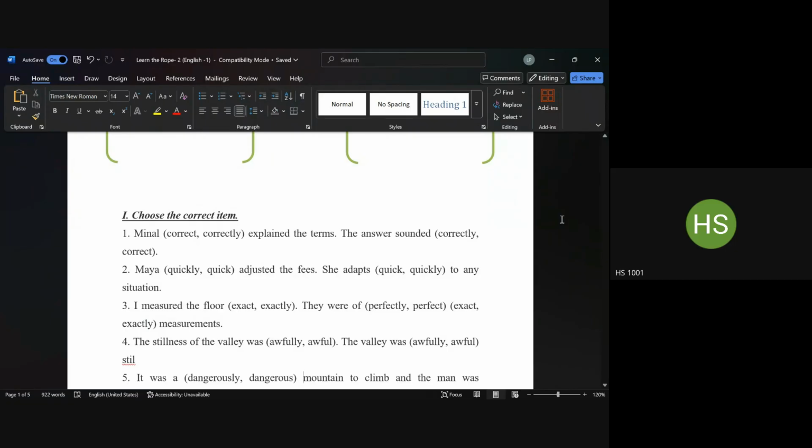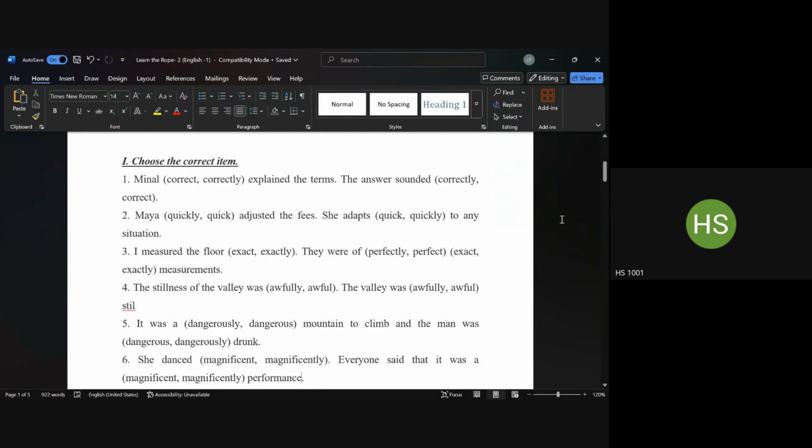The first exercise here is basically to test whether you can distinguish correctly between adjectives and adverbs, right? Usually the distinction point is people would say that adverbs carry an ly to them. While that is a true statement, and several adverbs do carry an ly suffix, it is not the case with all adverbs.